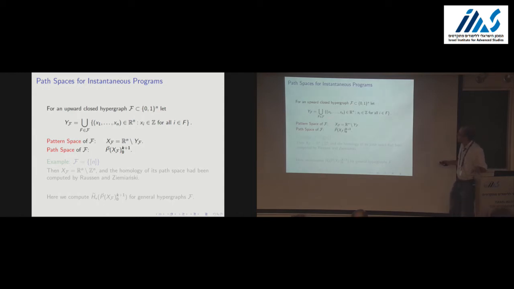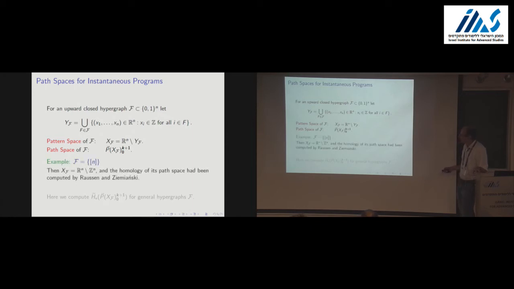And for each F in the hypergraph, we remove from R^n all points which have integers in the indices that are prescribed by F. So, for example, if the hypergraph contains the set {1,2}, then we remove all points that have integers in places 1 and 2. So this is the pattern space, or the allowed space of the hypergraph, and the path space is the path space of this space.